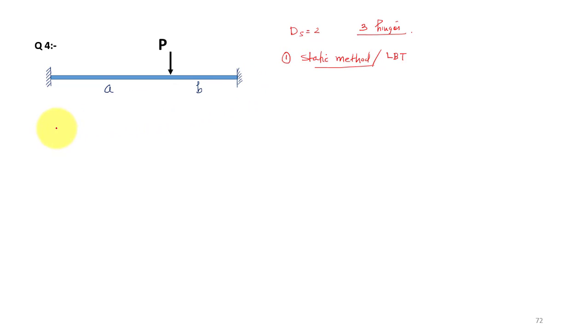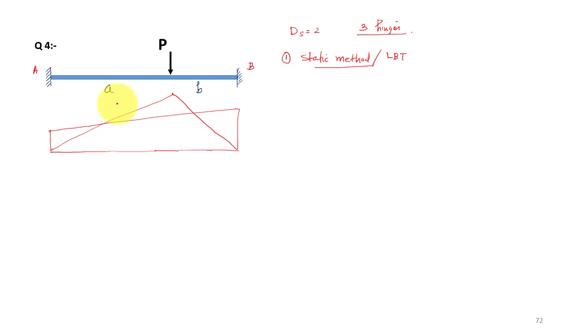Let us take this support as A and this support as B. And this moment will be something less, because this load is acting closer to support B, so MA will be less than MB. So this will be your fixed moment diagram, and then we have your free bending moment diagram.